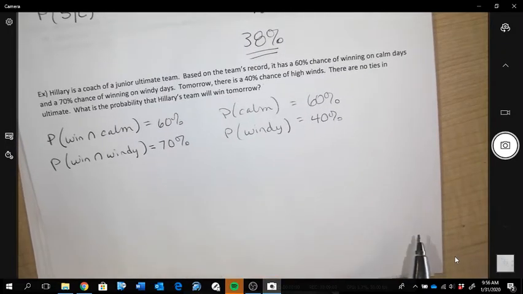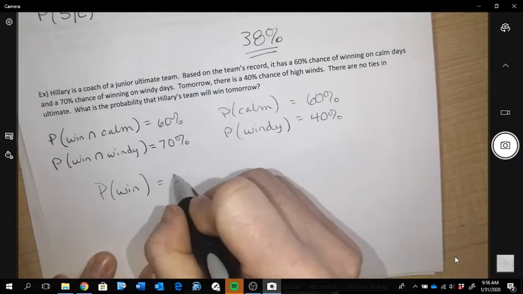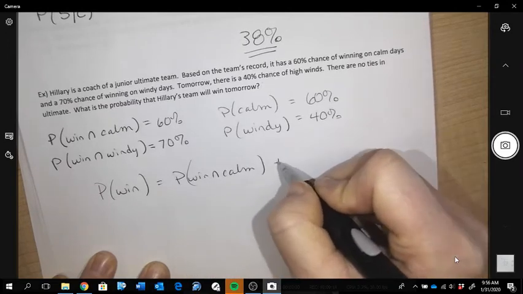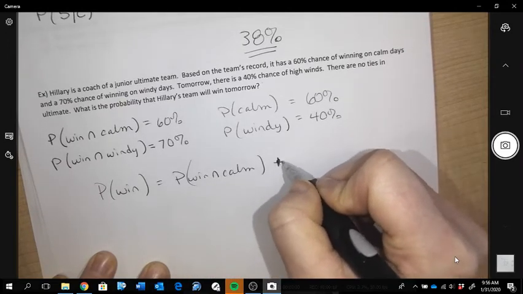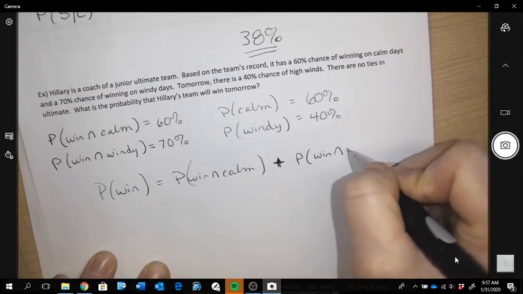So let's see. So the probability that they win would be the probability they win and calm plus the probability that they win and it would be windy.